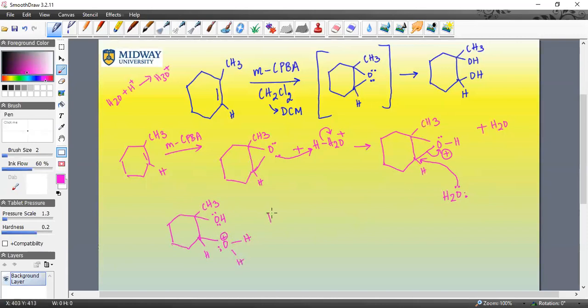This reacts with another water molecule where this hydrogen goes back to the water, and whenever the bond leaves, the positive charge also gets neutralized. You notice now that we have what we wanted, plus H3O plus.